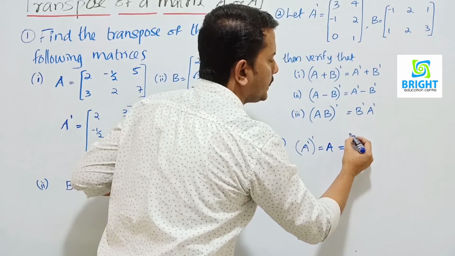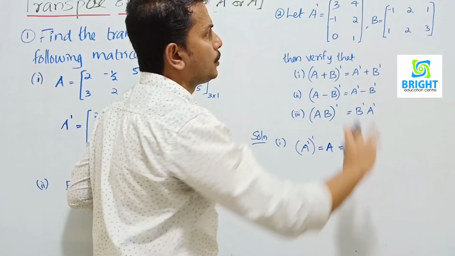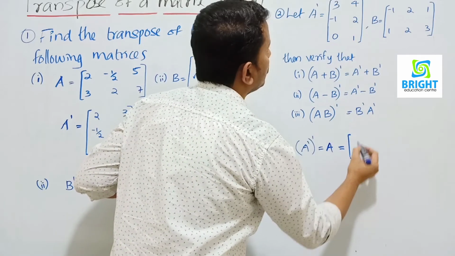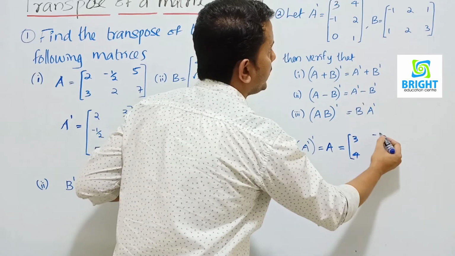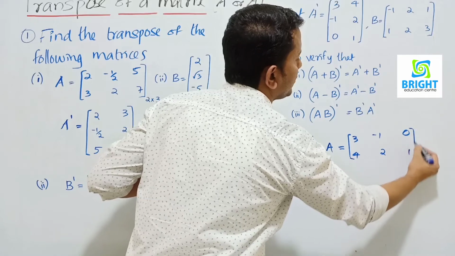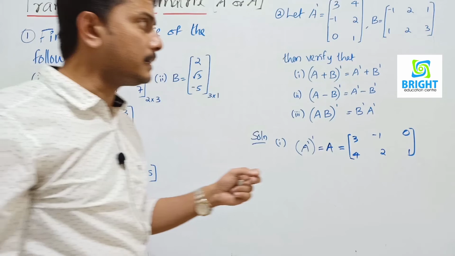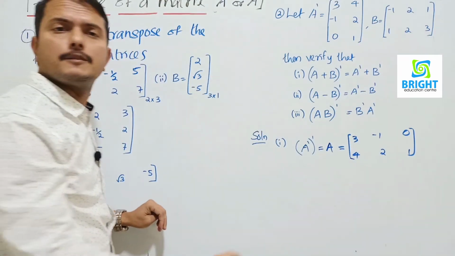The order is 3 by 2, so it will be obtained by 3, 4 in the first column, minus 1, 2, 0, 1. See what is happening? All the rows become the columns of that one, and B is already given. So let's add A plus B first of all.